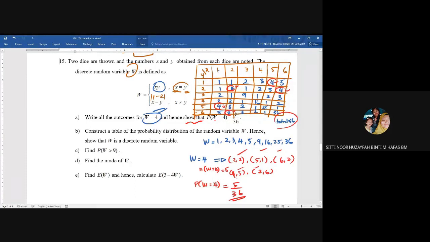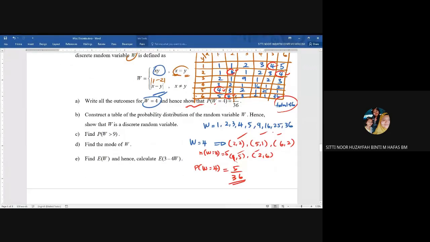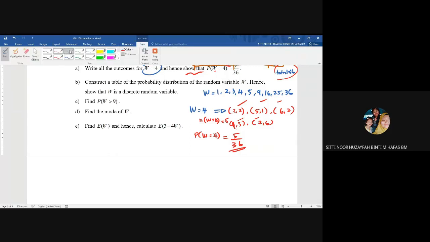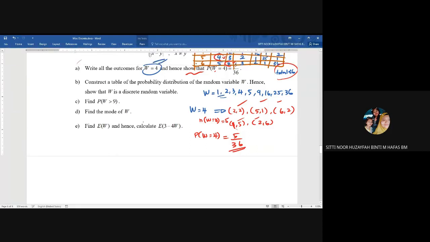Okay, so now we know how to find the outcomes already. Now we want to construct the table of the probability distribution for the random variable W. So we know what the values of W are: 1, 2, 3, 4, 5, 9, 16, 25, and 36.